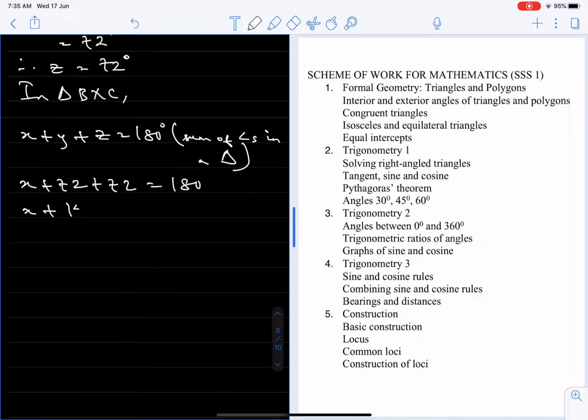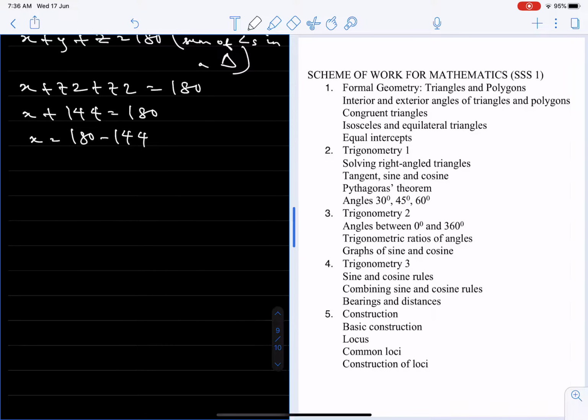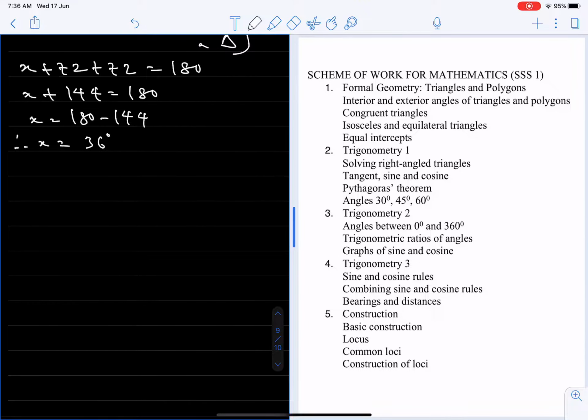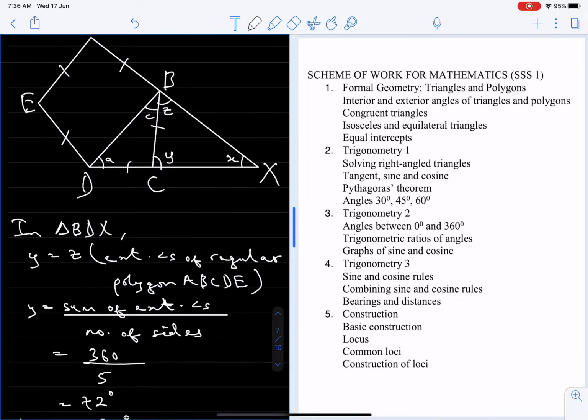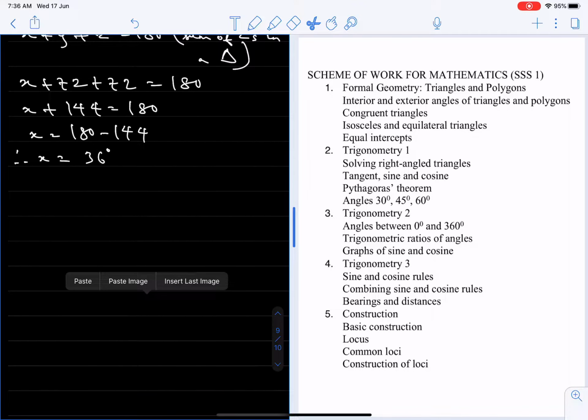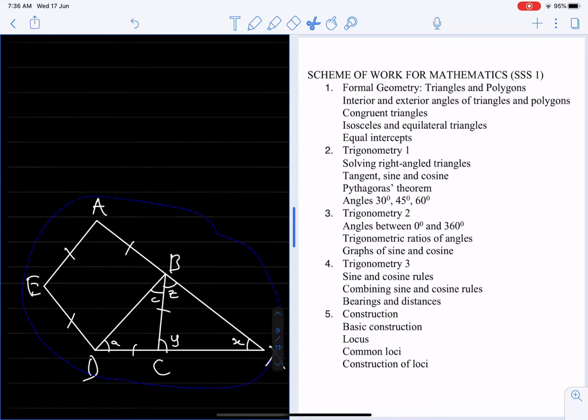That means X plus 144 equals 180, which means X equals 180 minus 144. And that means X equals 36 degrees. So that's X, but we're not there yet. We actually want to show that triangle BDX is isosceles. I want to paste the diagram here so that we can see it as we continue with the solution.